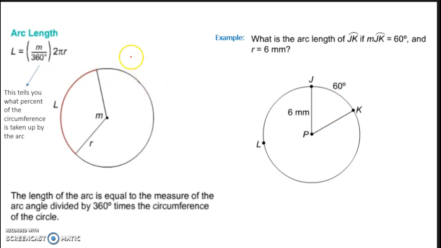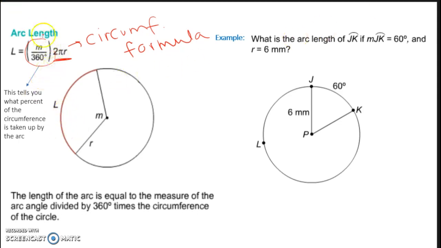Now let's talk about arc length. If I want to know the length of an arc, so I want to know not the measure in degrees, but I want to know the length. Remember, an arc is a portion of the circumference of a circle. So we can easily find how much of that circumference is taken up by an arc by using just a fraction. Notice this 2 pi r here. Guys, that's the circumference formula, right? So if I want to find the arc length, all I do is I take the circumference formula and I multiply it by whatever percent, we use a decimal form, but whatever percent of the circle is taken up by that arc.